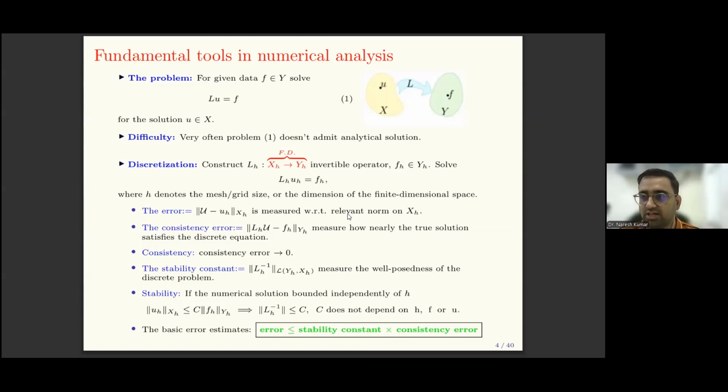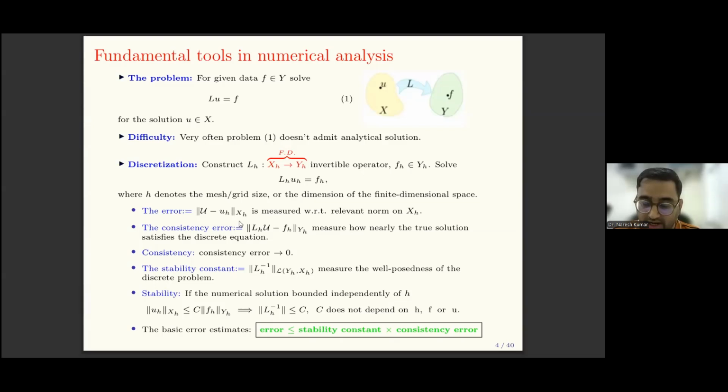Uh is our approximate solution, while U is the analytical solution. But if we find the approximate solution, then there will be some error also. So now we have to measure the error in some norm. That could be any norm. Once we find the solution Uh, we measure the error.